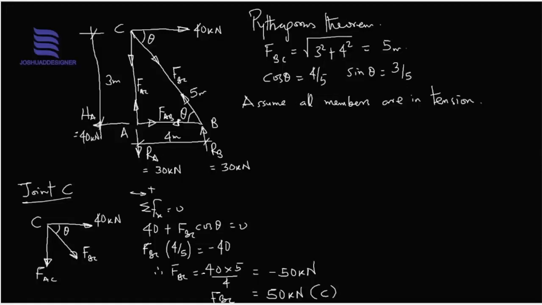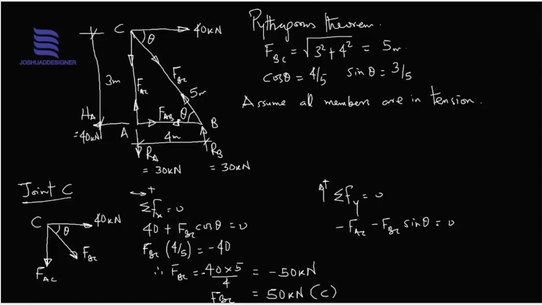Then we have the other one, which will be summation of the upward forces to be 0. So we have minus FAC minus FBC sine theta equals to 0.